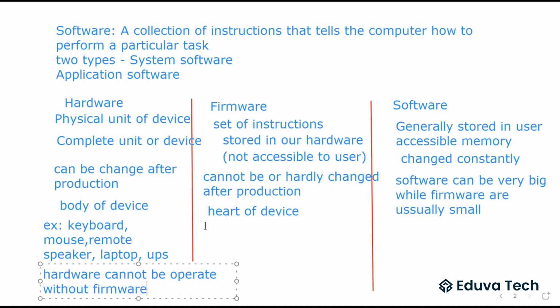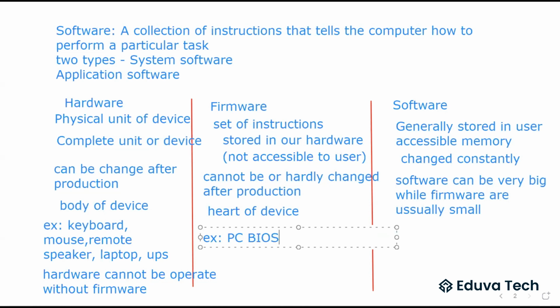Examples of firmware are the PC BIOS. BIOS is only appropriate for referring to the startup firmware of the motherboard itself. The BIOS word is only used with the motherboard.